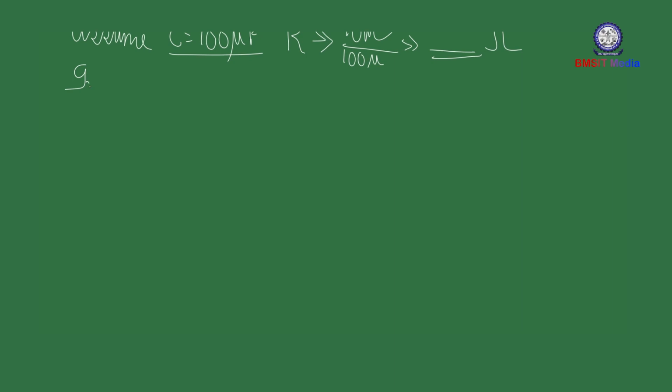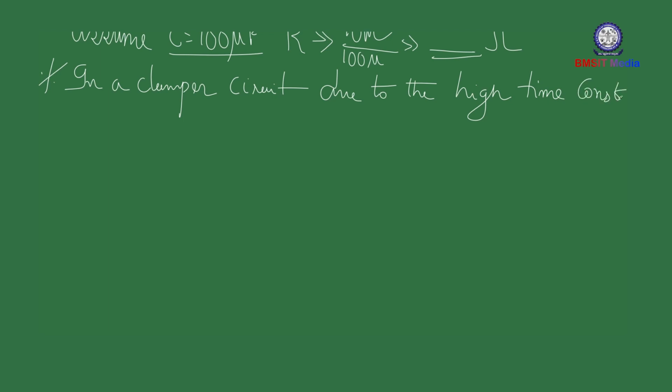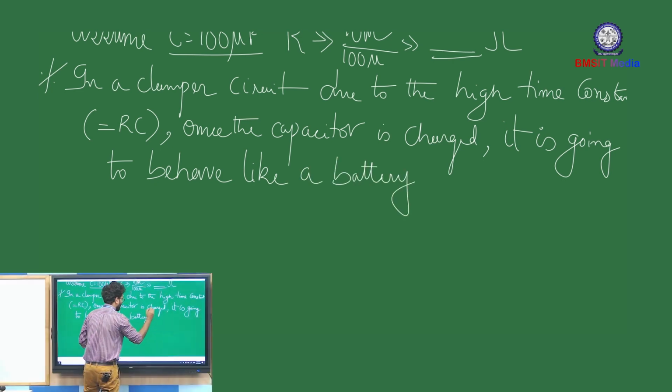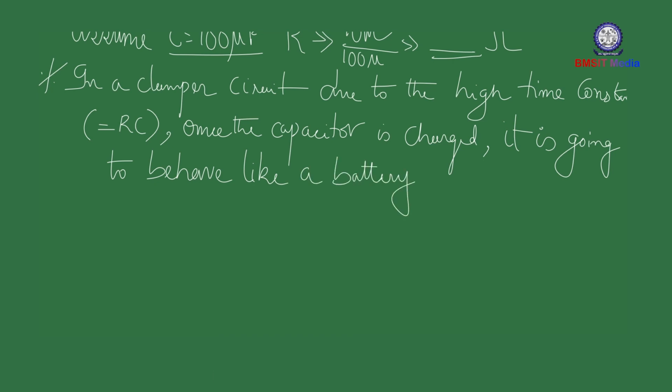So, as a very important summary, in a clamper circuit, due to the high time constant, where the time constant is nothing but the product RC, once the capacitor is charged it is going to behave like a battery. Battery as in, it will not discharge, whatever may be the circumstance.